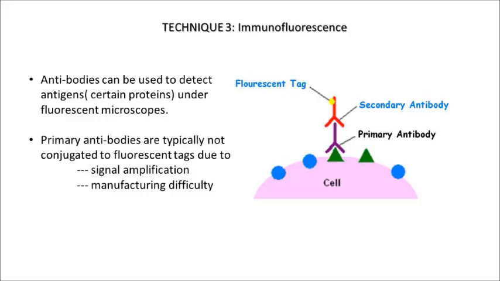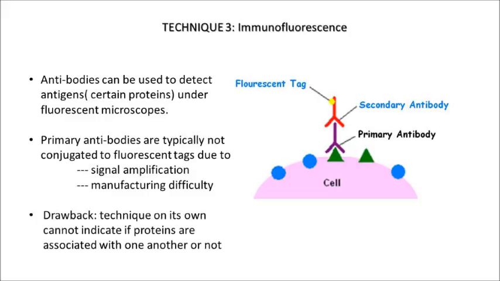Immunofluorescence involves primary antibodies, secondary antibodies, and fluorescence tags attached to secondary antibodies. Typically, we don't use fluorescent tagged primary antibodies because of signal amplification, and also because it's more annoying to design a primary antibody that has a fluorescent tag attached and detects a specific antigen.